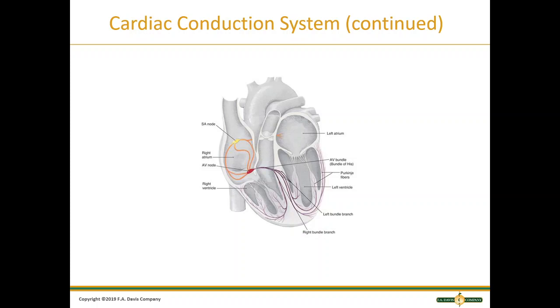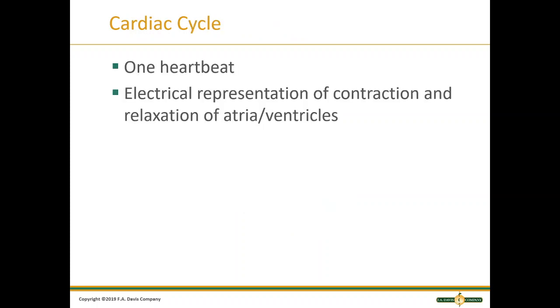Okay, so this is the cardiac conduction system. One heartbeat is a cardiac cycle, the electrical representation of a contraction and a relaxation. So this is like anything else. If you contract your fist and relax it, that is a simulation of what the heart does, right?